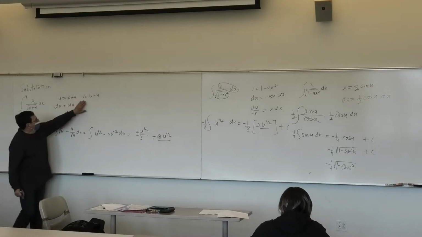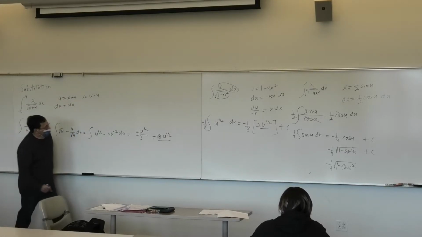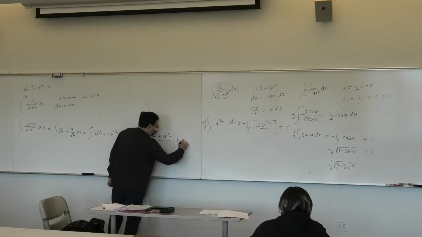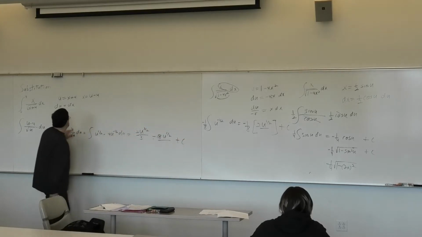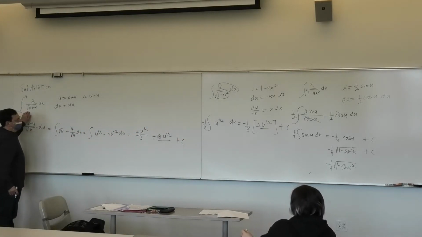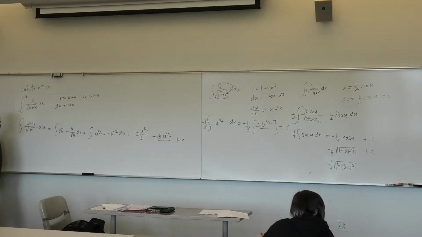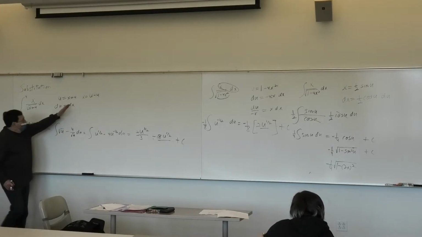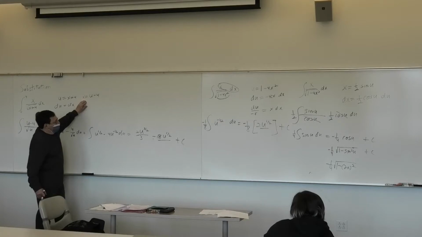Now we just need to substitute u back. So plus constant of integration. Oh, but we want to go a little further. All right, so we could substitute back and get x.